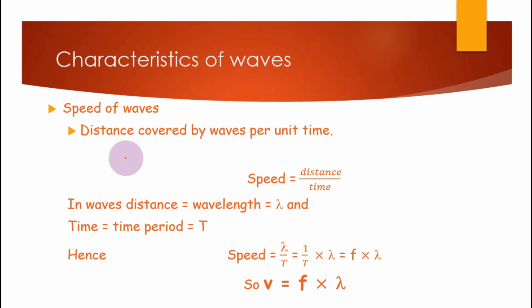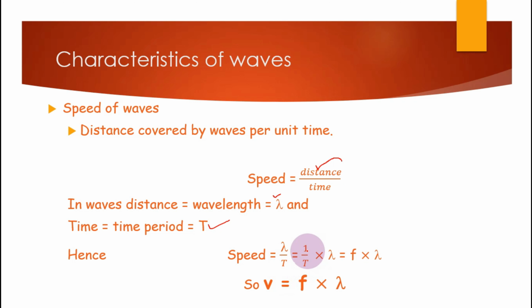What is speed? Previously we learned that speed is the distance covered by a body per unit time. Here it is the distance covered by waves per unit time. So speed is the distance covered by waves divided by time. In the case of waves, the distance is replaced by wavelength and the time is replaced by the time period. So we get lambda divided by T, meaning wavelength divided by time period.